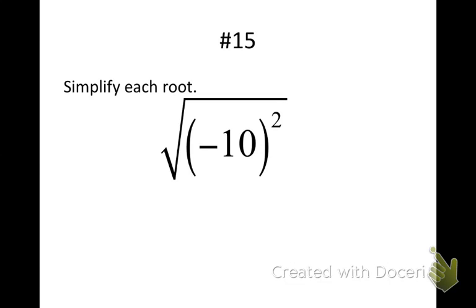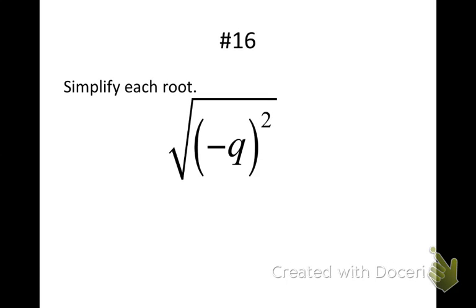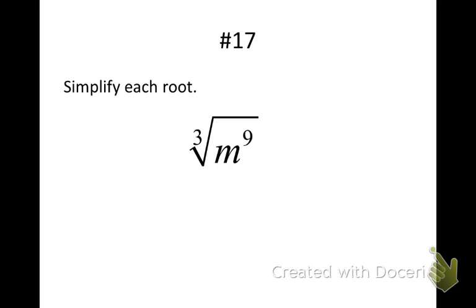The square root of negative 10 squared would be positive 10, because it's a square root, so it needs to be positive. The square root of negative q squared would be q, but I want to put absolute values around it, to be safe.